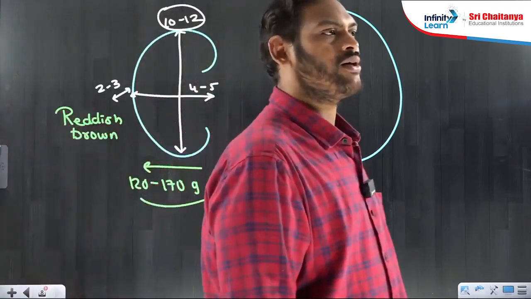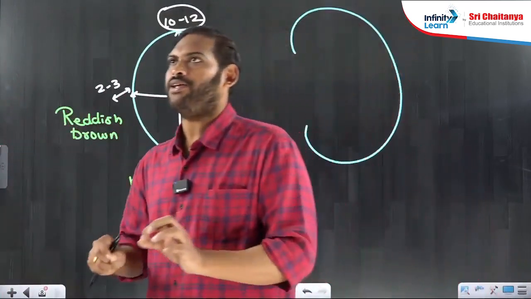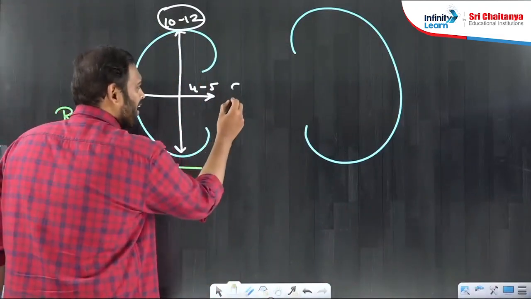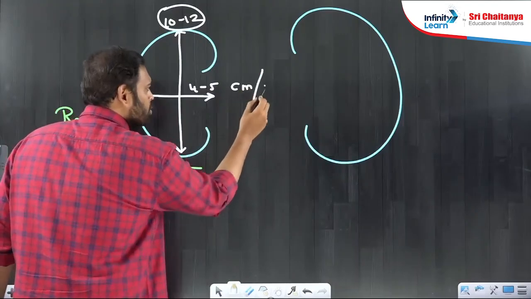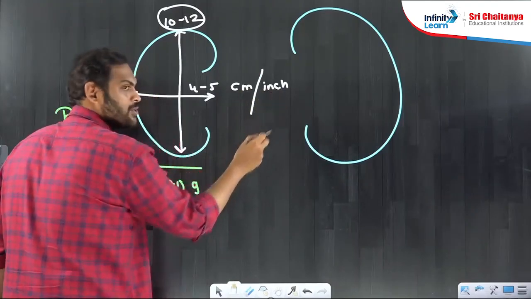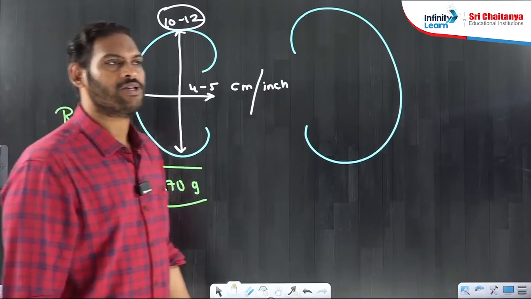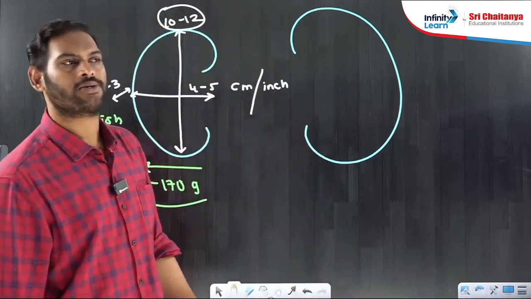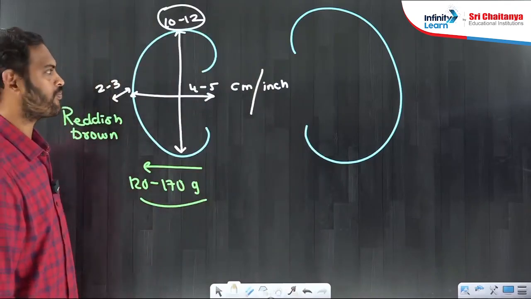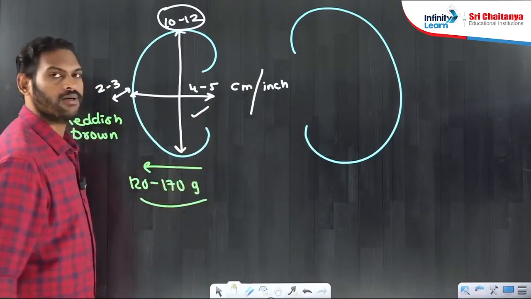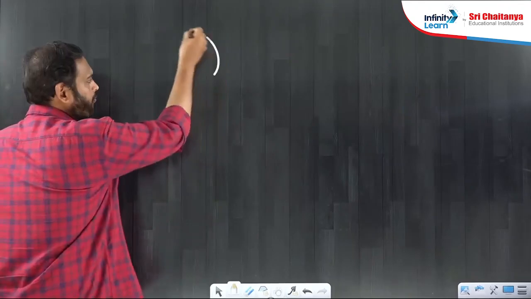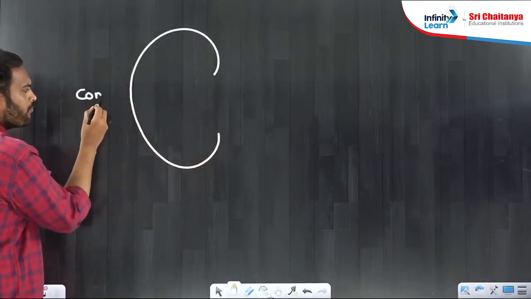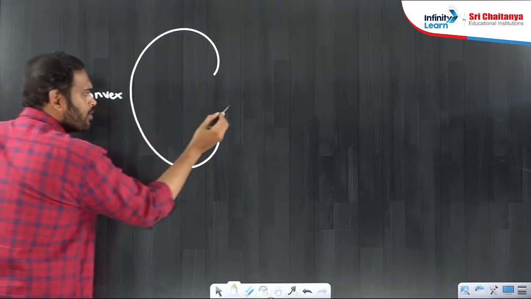Find out. Is it centimeters or inches? Please look at that properly. Very good, centimeters. And each kidney, you can see, guys, has a convex surface as well as a concave surface also.